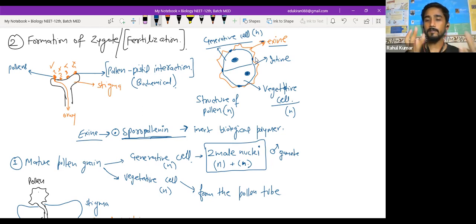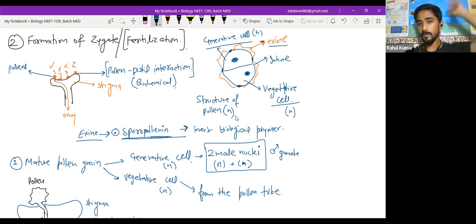So for them to survive, pollen has to be very, very robust and structurally very strong. So plants chose sporopollenin. Sporopollenin is one of the most inert biological polymers. It is so inert that it is called nearly indestructible. You cannot destroy a sporopollenin polymer even if you put it in acid. So exine is made up of sporopollenin.